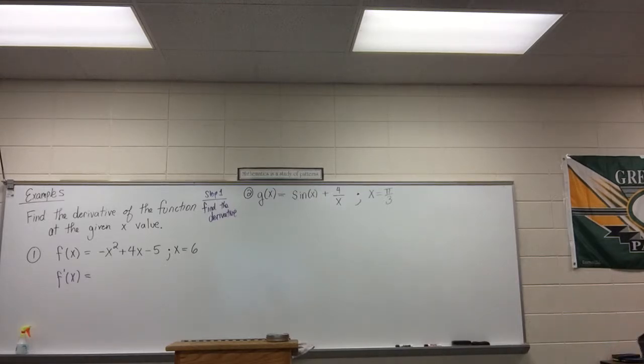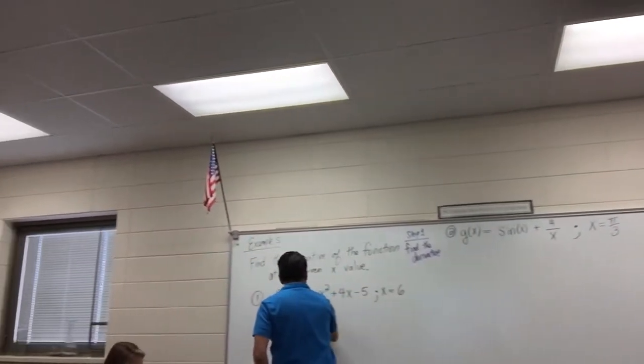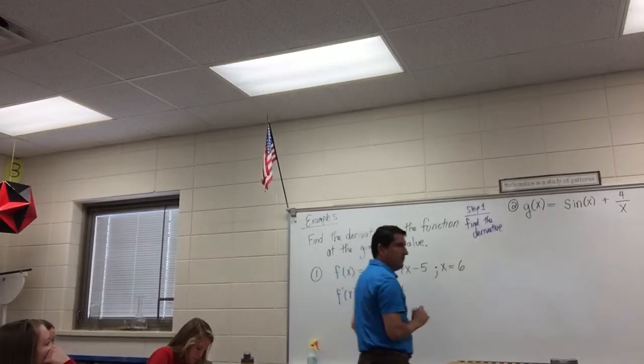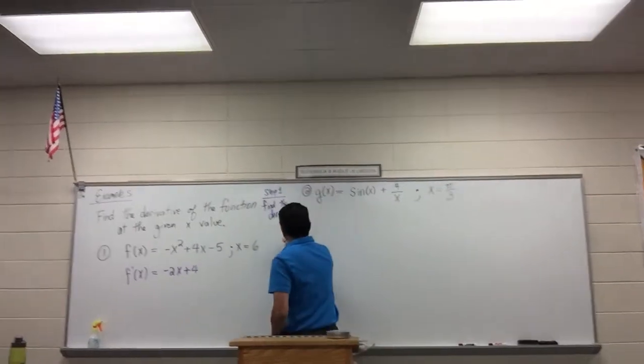And let's see if we got it right. So using the power rule, this is negative 2x plus 4. That's the derivative. Okay? That was step one.